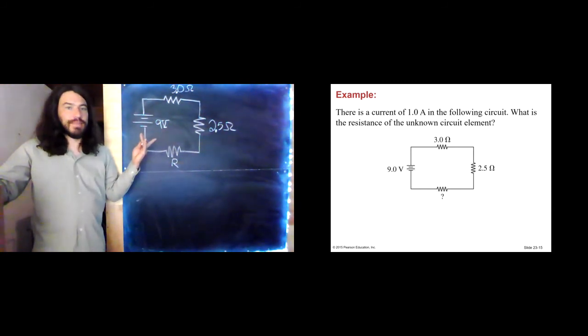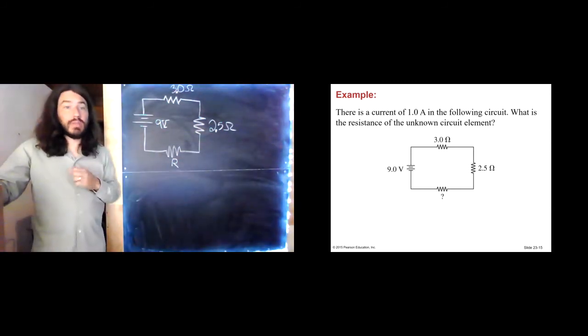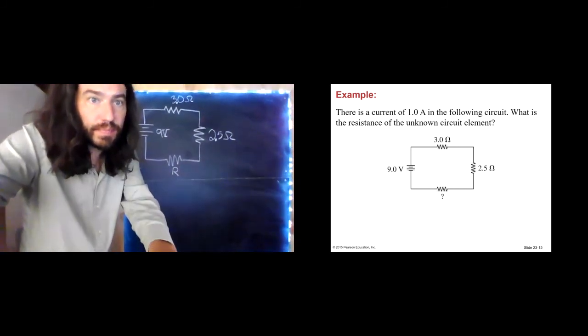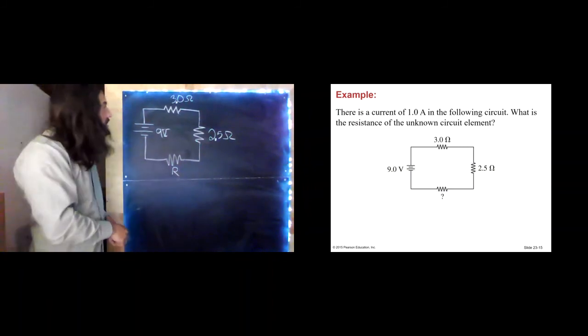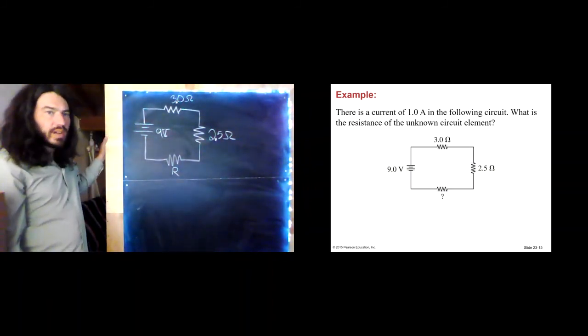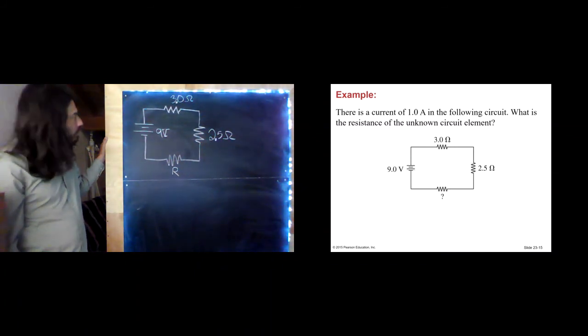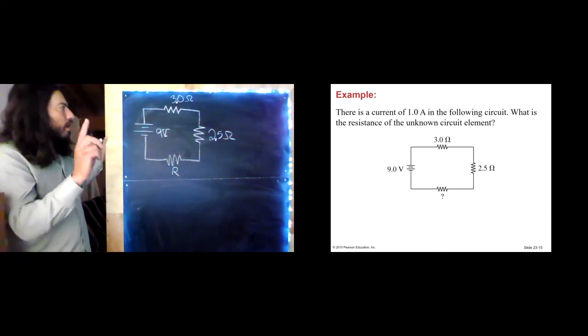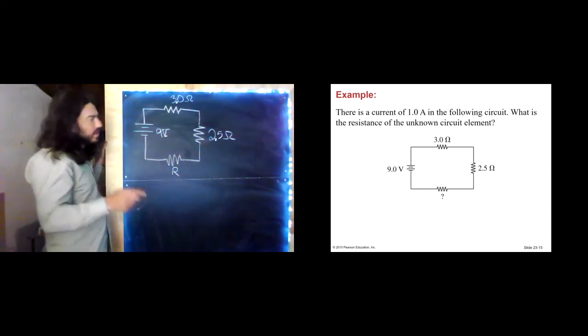Okay, here's our schematic. The first thing we should do after we've drawn our picture is we should assign a direction for the current. Real quick, in your mind, is this current going to flow clockwise or counterclockwise? I think it should flow clockwise, and here's why.